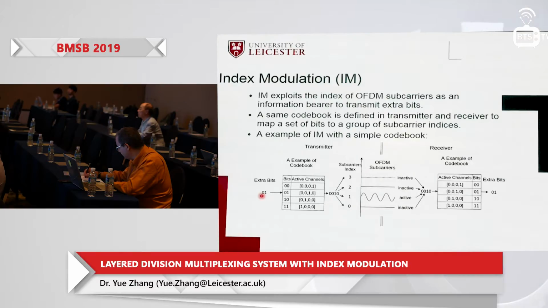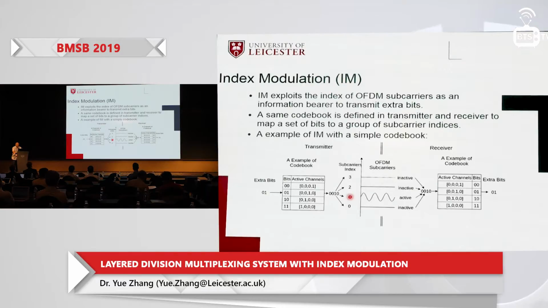So when you detect the channel at the receiver, if you detect that you have information at index 1, that means the information bits are 01. This is a very simple example of index modulation. For 4 channels, that is 4 subcarriers, if you put data at subcarrier 1, you are mapping to the information bits 01. So here you don't need any extra modulation, just select the subcarrier, regarding it like QPSK or BPSK. It's the simplest one.